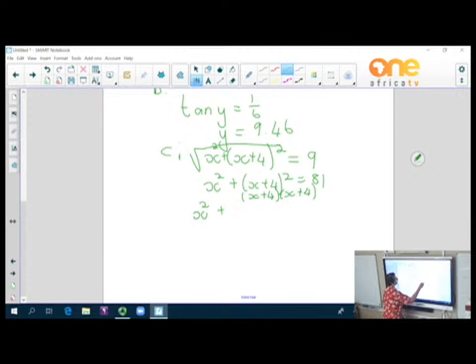Don't leave that step out, or you're going to make mistakes. So it's x squared plus 8x plus 16, which is equal to 81. And now we can just bring that one over here. I have 2x squared plus 8x plus 16 minus 81.